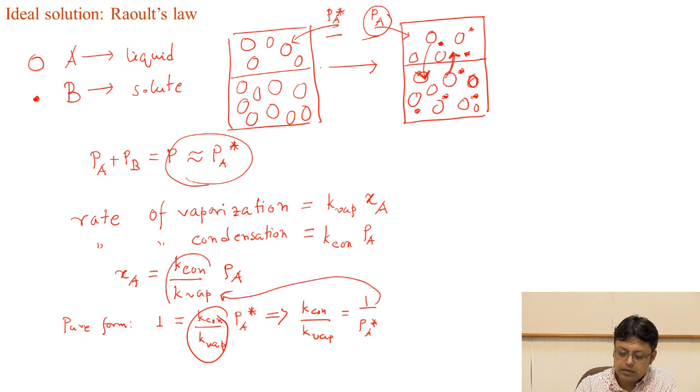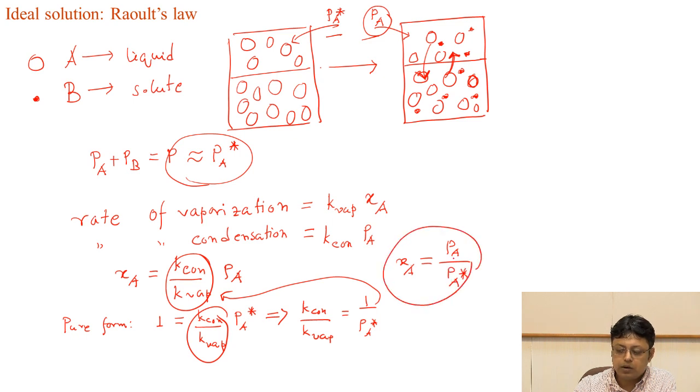So you can use it in this equation again and eliminate these arbitrary rate constants, and you can easily figure out that XA will be nothing but PA divided by PA star. And that's the essence of Raoult's law. So Raoult's law originates from the fact that when I have a solute solvent mixture, of course some part of the solute may go into the vapor phase, but more than that, the solute also suppresses the vaporization of the solvent.